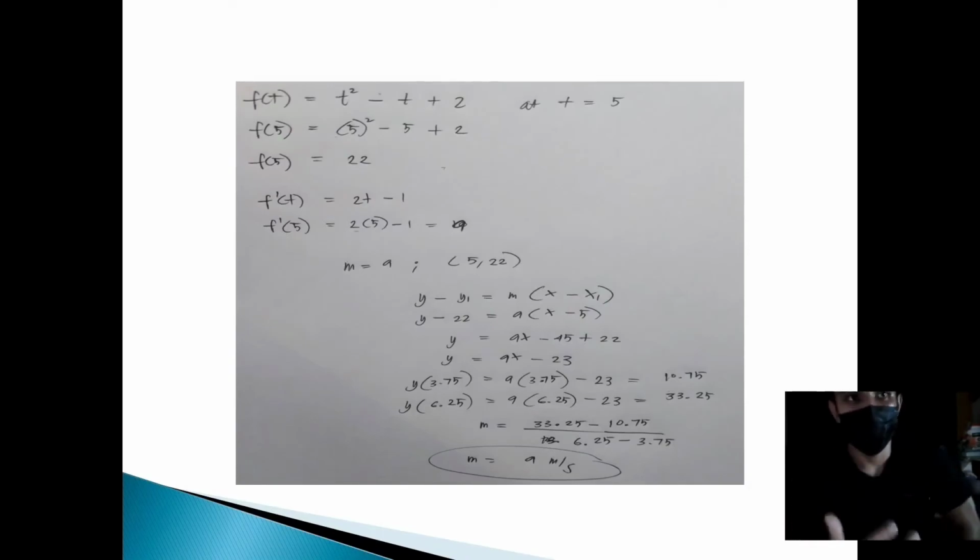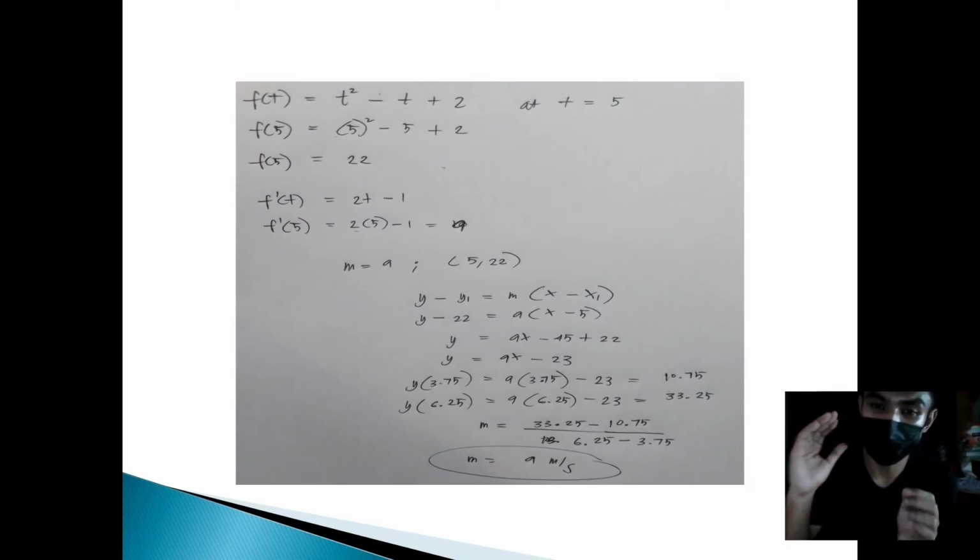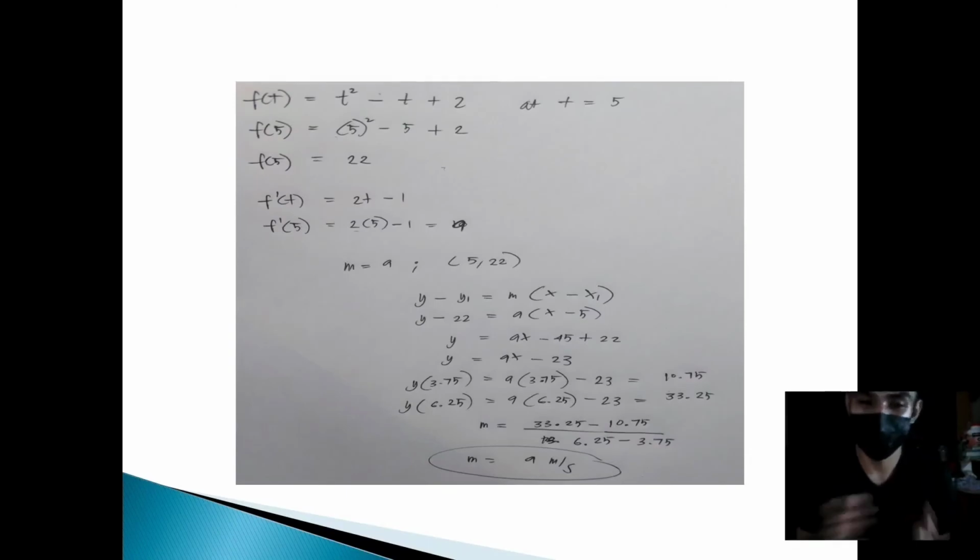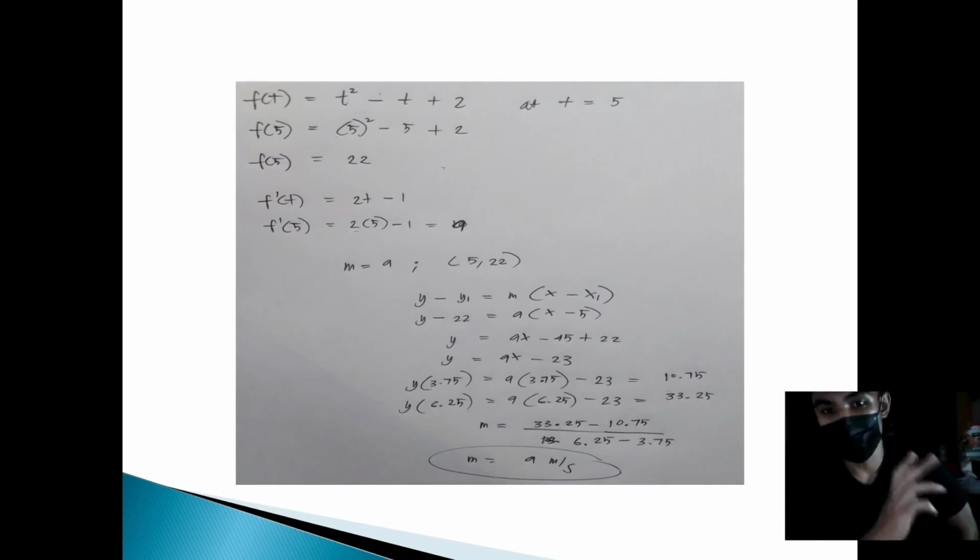So now I tried to find a value that is close to 5 from the left side, and then at the same distance away from 5 to the right side. If that makes sense, I use 3.75 and 6.25. So 3.75 is somewhere close to 5 from the left side, and 6.25 is somewhere close to 5 from the right side.